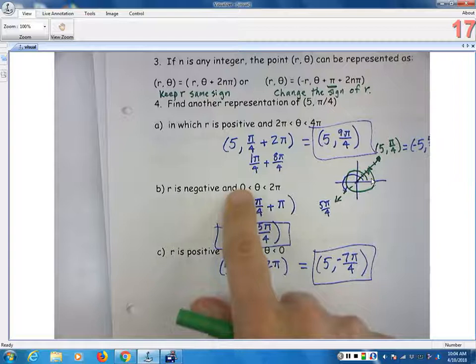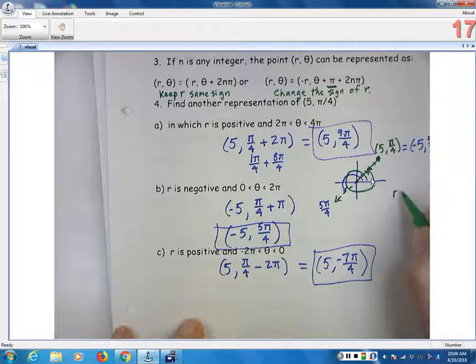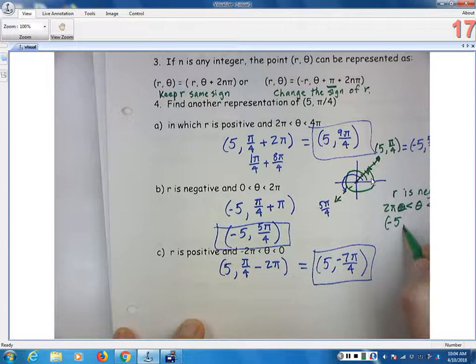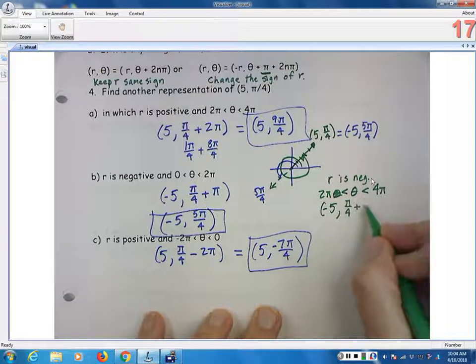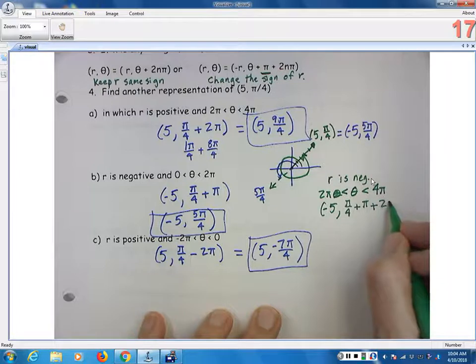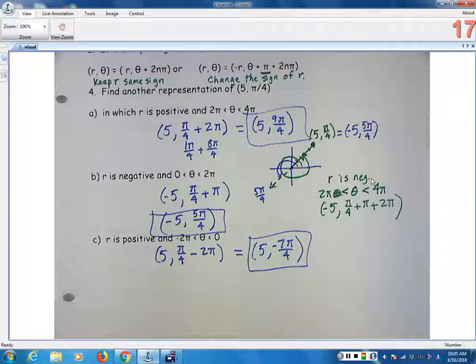If they wanted me to go between 2 pi and 4 pi, say r is negative, then I would do minus 5 pi over 4 plus pi plus 2 pi. Okay? Does that answer your question? So it's because we went from positive to negative with r.